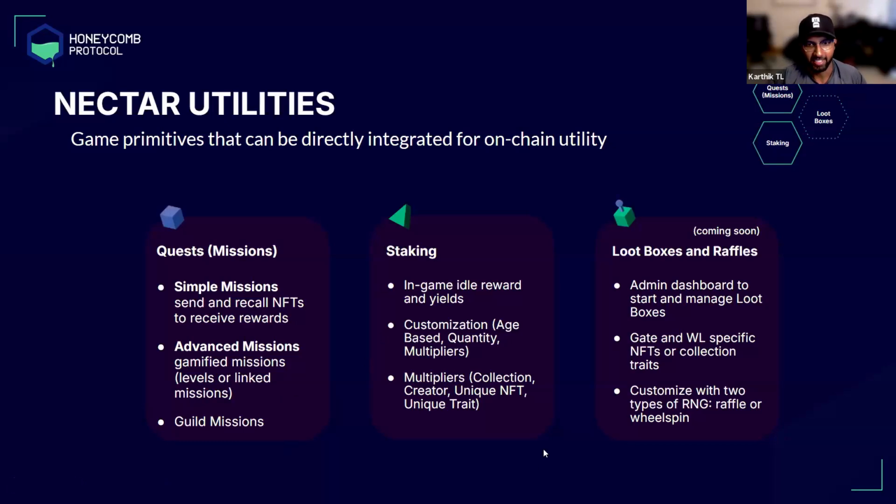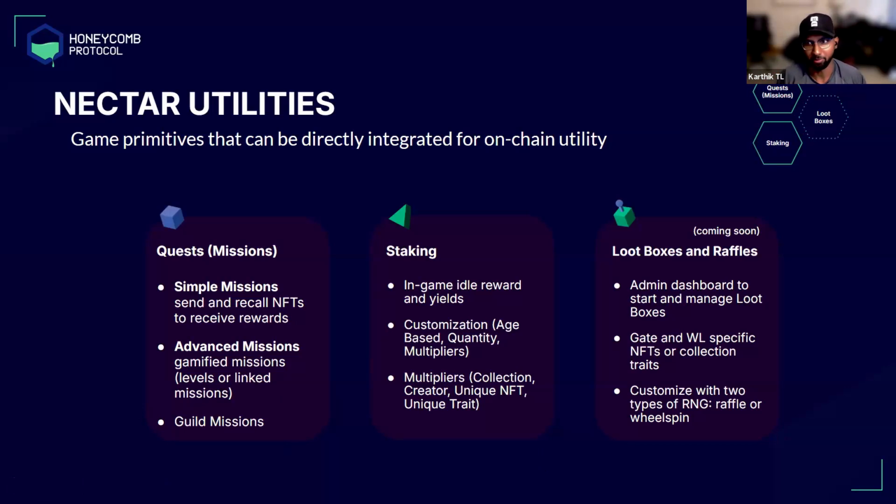Next is the staking. So having idle rewards and yields in game, I'm sure many of us are familiar with staking. But what's really cool about Honeycomb staking is the vast number of settings. We worked on a lot of projects as engineering resources during the last cycle, so we saw almost every single different type of staking.